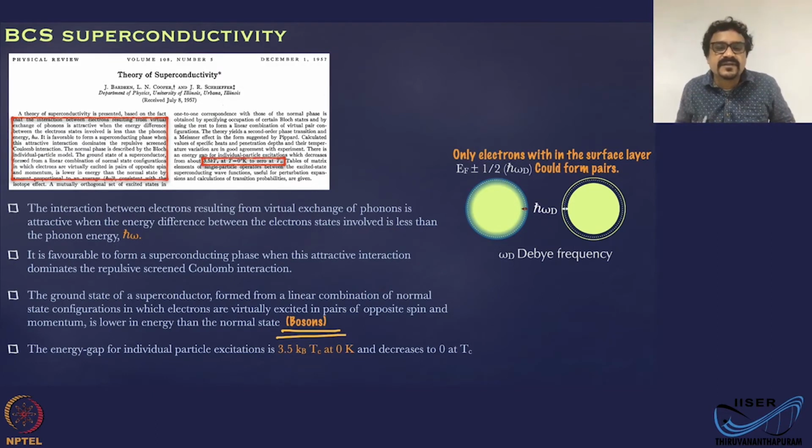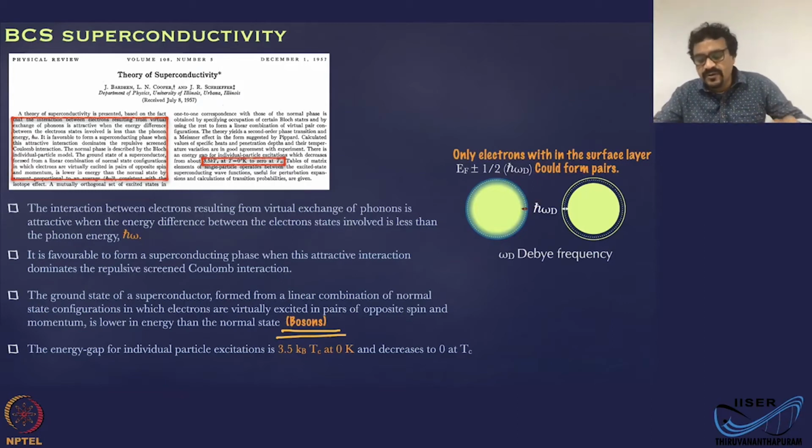Now, if you look, where are you getting these individual states, or where are you getting this energy for comparing these two electrons?